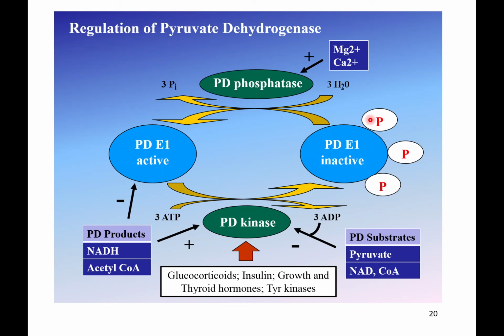Okay, so essentially stopping the production of more acetyl-CoA. What turns the kinase off, which then turns E1 on, would be the substrates for this enzyme. So when pyruvate concentration, NAD, and coenzyme A concentrations are higher, that will turn off the kinase. Okay, the phosphatase will dominate, and E1 will be primarily dephosphorylated, and the complex will be active.